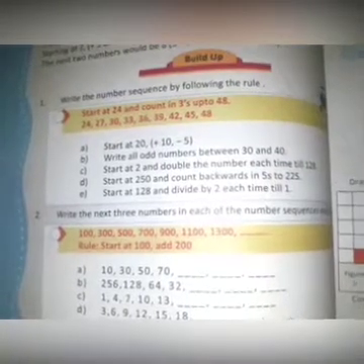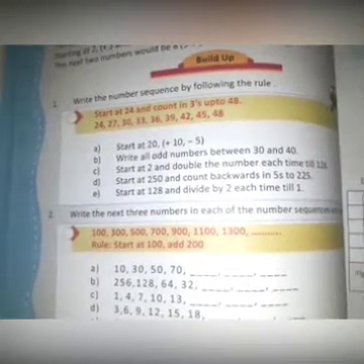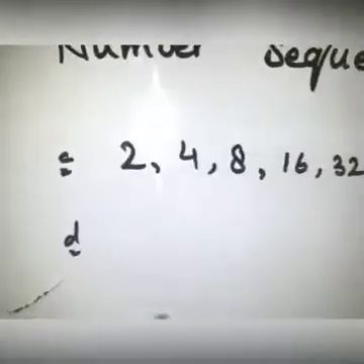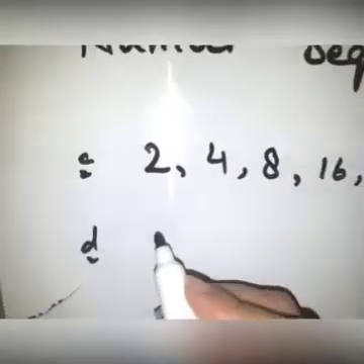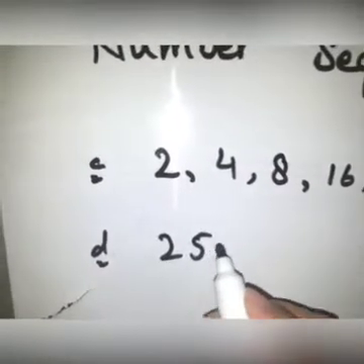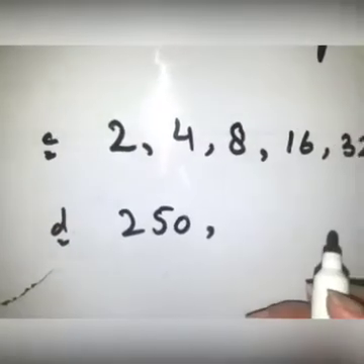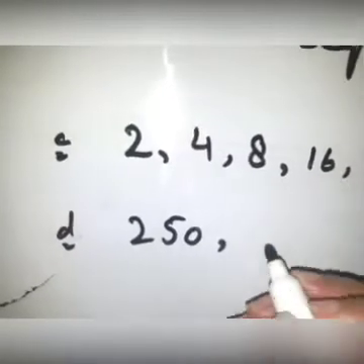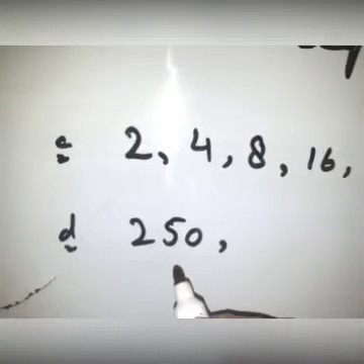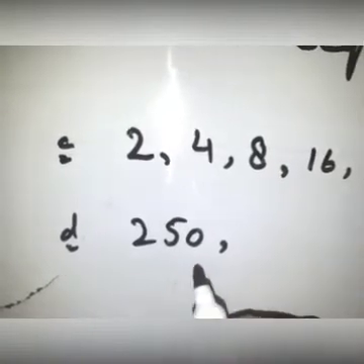Now part D, start at 250 and count backward in fives to 225. The answer of part D is: start from 250, count backwards in fives. It means backward in fives, we will subtract 5 from this value.